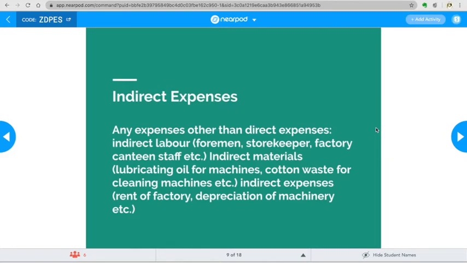So everything dealing with production is coming inside here, because in the end, when we are calculating the total cost of the product, we should not leave anything behind, because if you leave anything behind, then when you set your selling price and when you're trying to make the product absorb all the cost, you will fail. You will overstate or understate the selling price if you don't put these expenses.